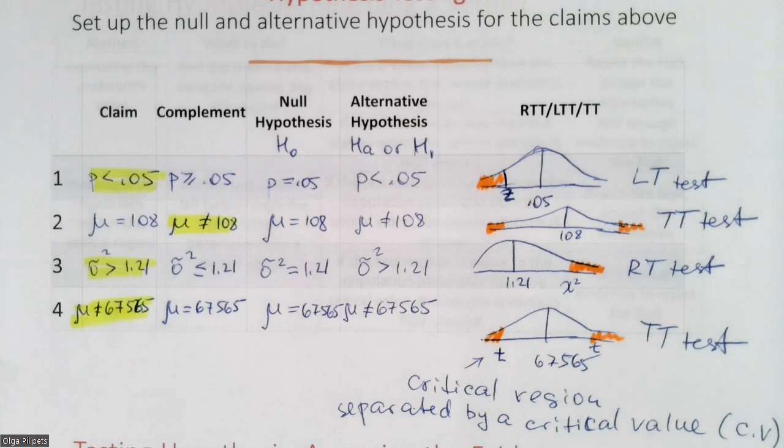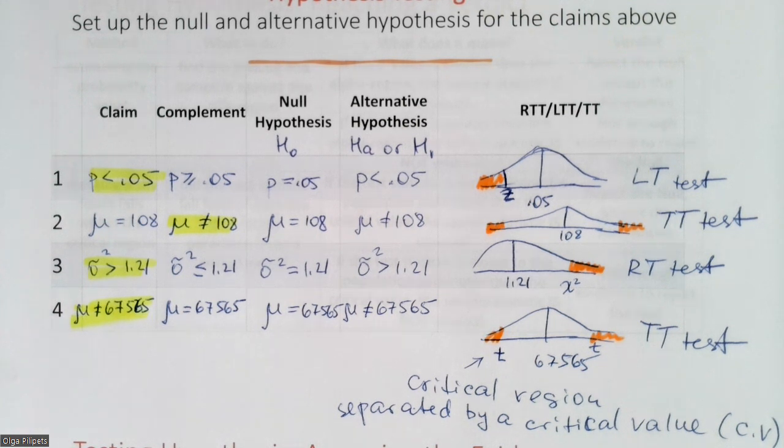Well, they're coming from the significance level, or your alpha level. So basically, your alpha level tells you what you will consider an unusual value.